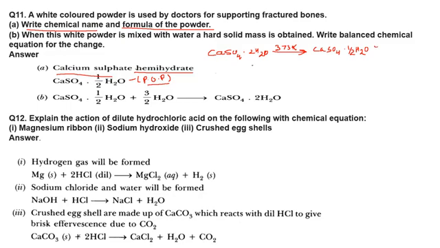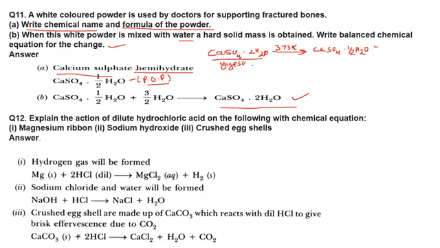When this white powder is mixed with water, a hard solid mass is obtained. Write the balanced chemical equation for the change, right? Now once you get the hemihydrate, that is, plaster of Paris, you mix plaster of Paris again with water, you will be back with CaSO4 dot 2H2O. Now what is CaSO4 dot 2H2O? It is nothing but gypsum.